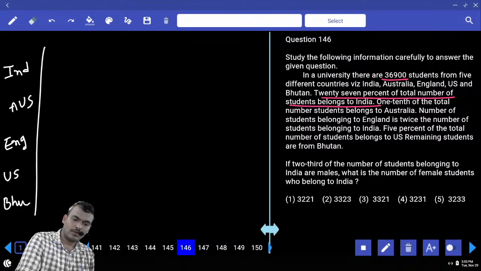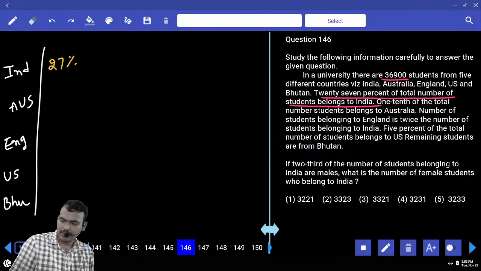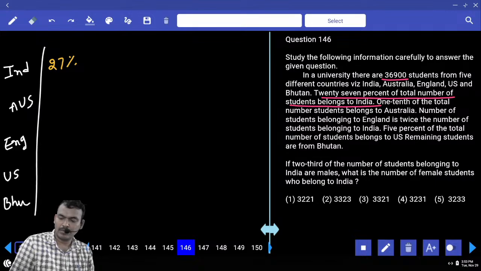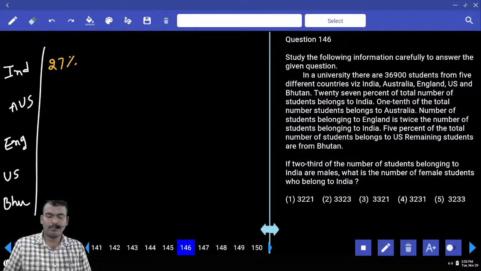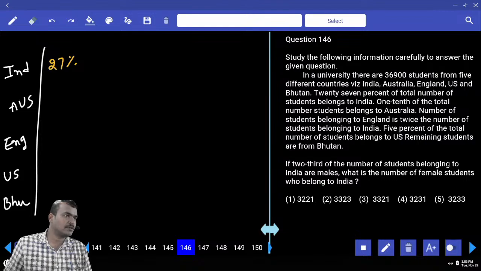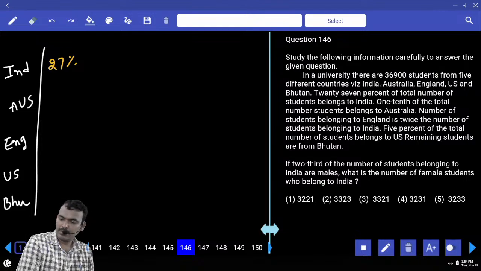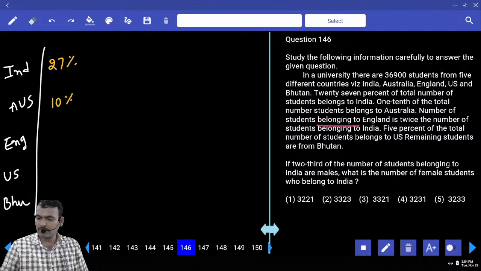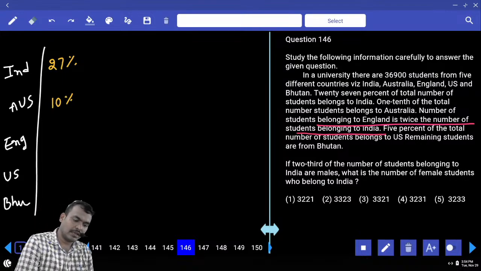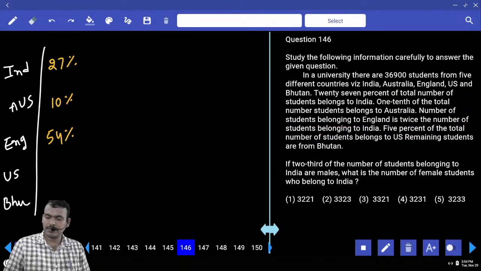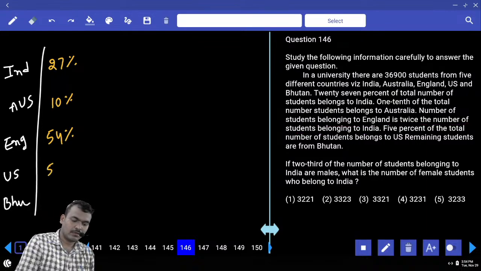India. 27% are which one? India. Next 1/10. 1/10 means how much? 10%. 10% are which one? Australia. Next, number of students belonging to England is twice the number of students belonging to India. Means England value 54% or not? Next, 5% are which one? US.